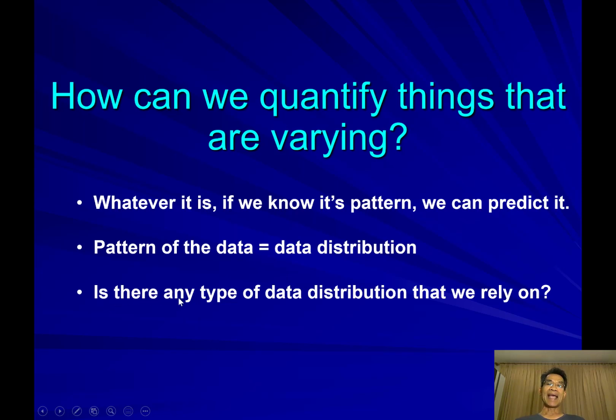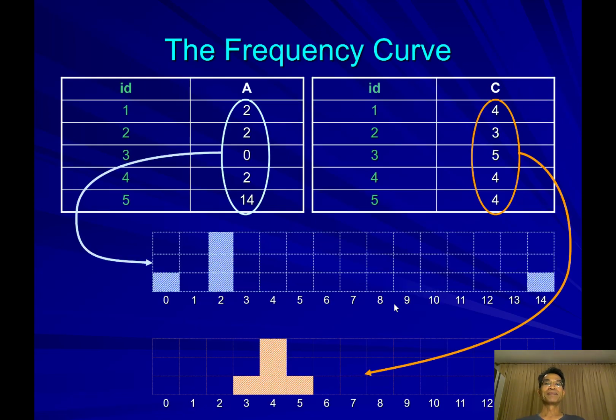So is there any type of data distribution that we can rely on, because things are varying? The answer is yes, luckily for humankind. Let's walk through it together.